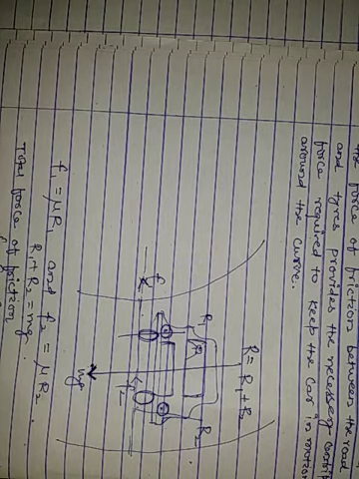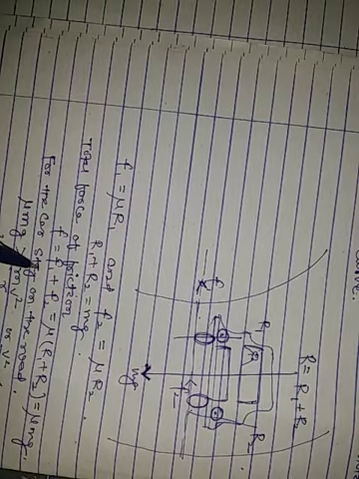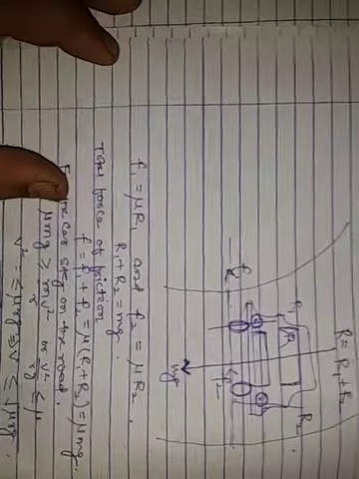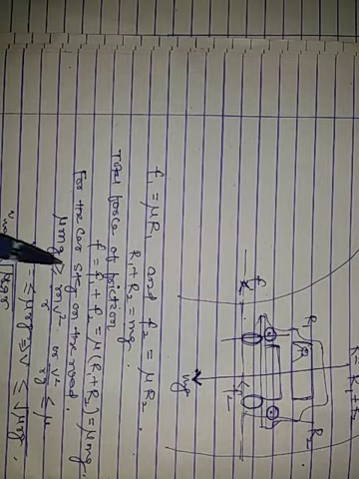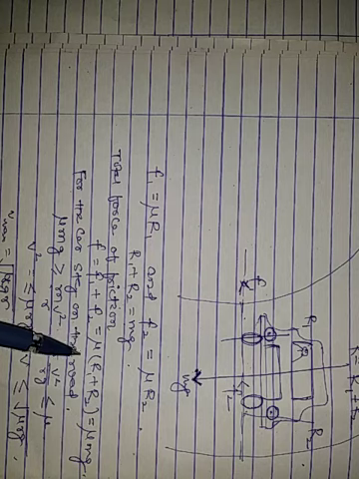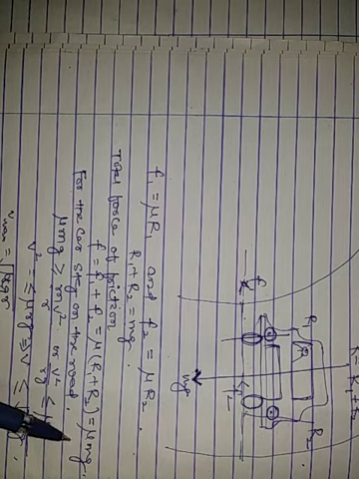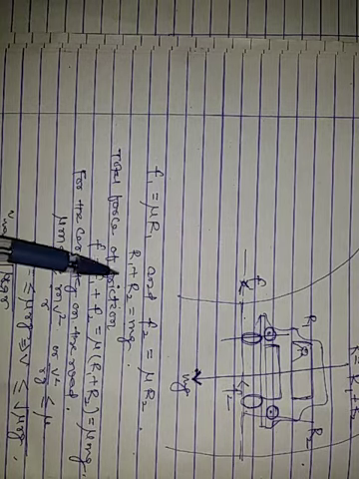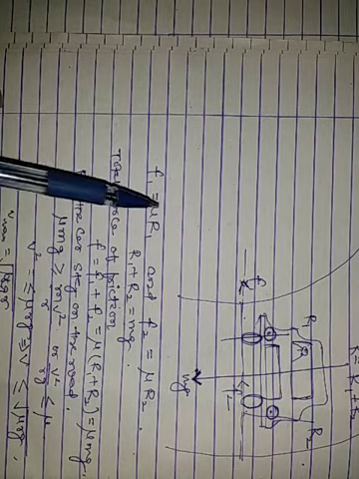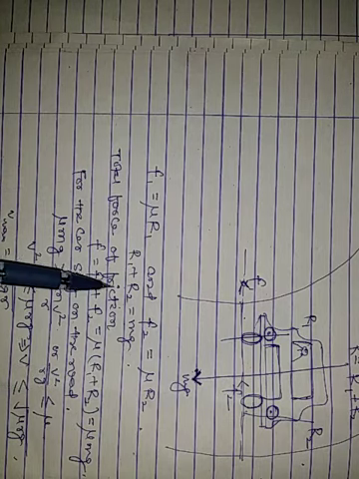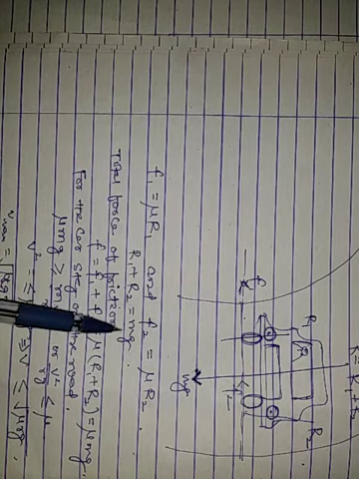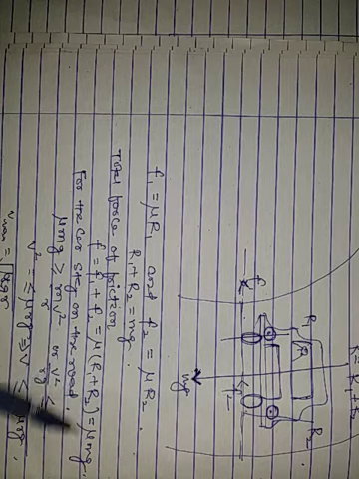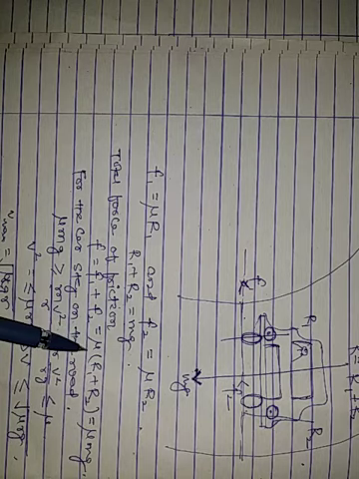Now the total force of friction F is equal to F1 plus F2, which is equal to mu R1 plus mu R2.